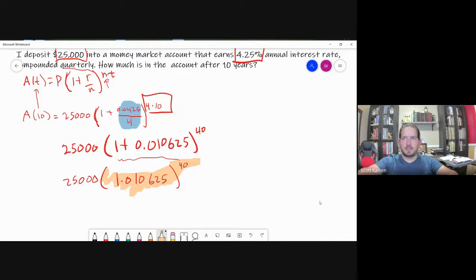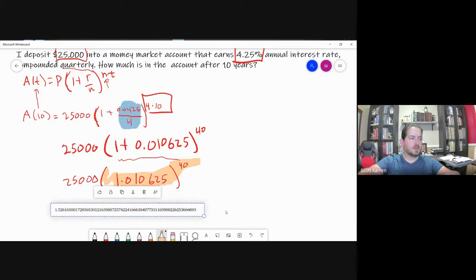So I'll plug that in, and I'm going to get a humongous amount of decimals here. In fact, the calculator that I have gave me this many before it said, I don't think you need any more than that. 1.5261, blah, blah, blah, right?